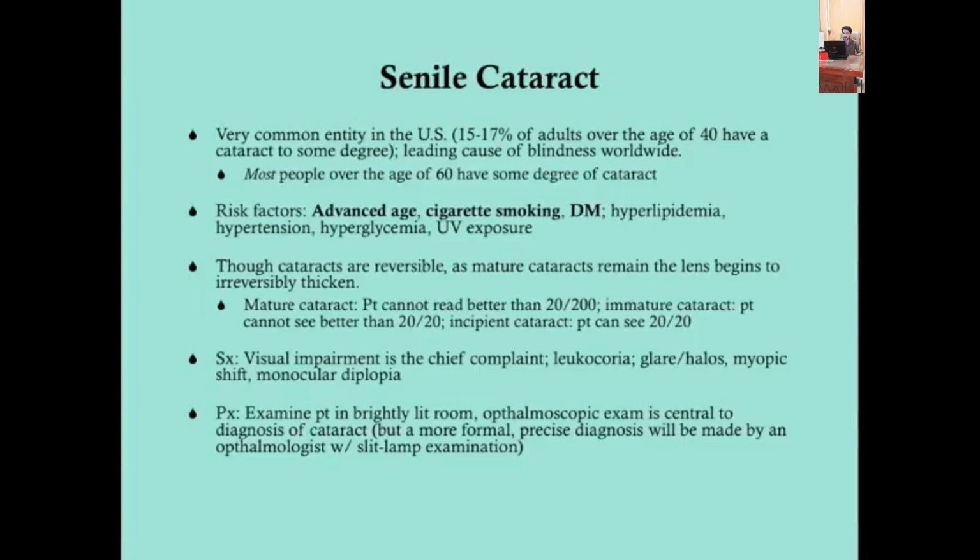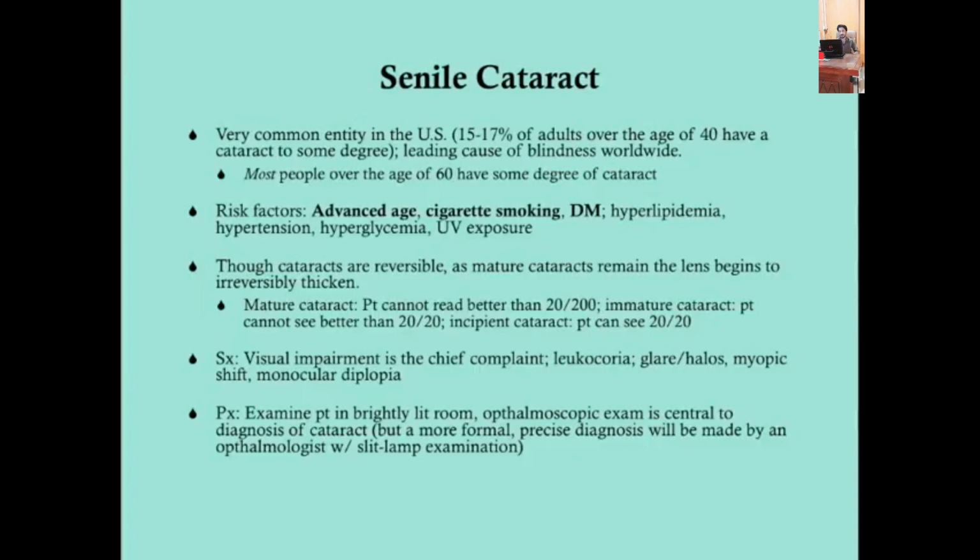Visual impairment is the chief complaint, particularly visual impairment that's referred to as blurry, cloudy, foggy. The patient will complain of glare and halos, particularly when they're looking in the light, because it's the light that's going to cause those halos. Or if they do nighttime driving, they'll see halos as well.